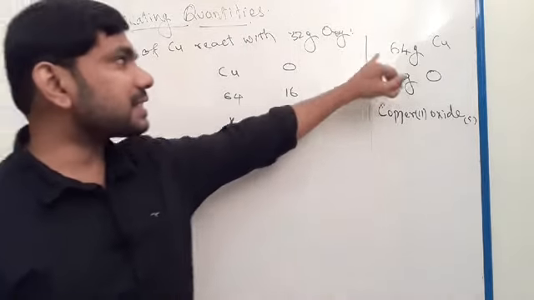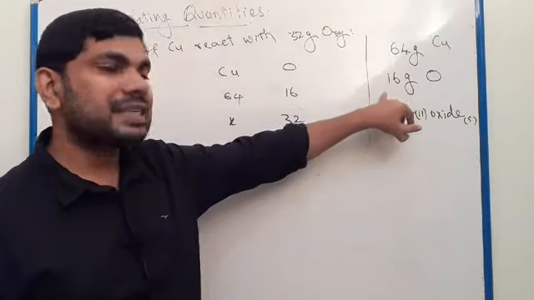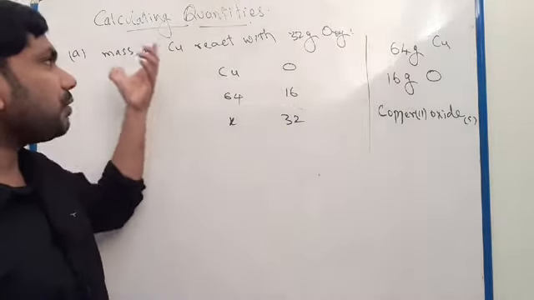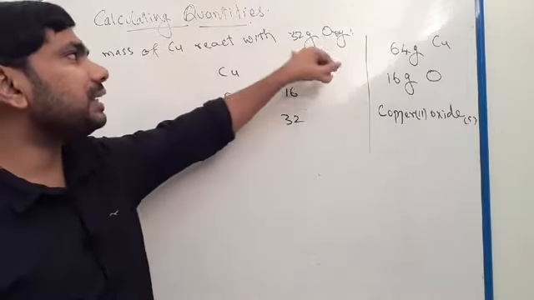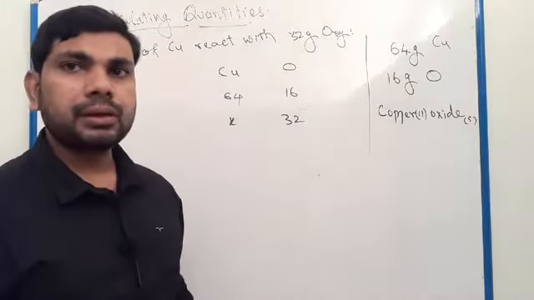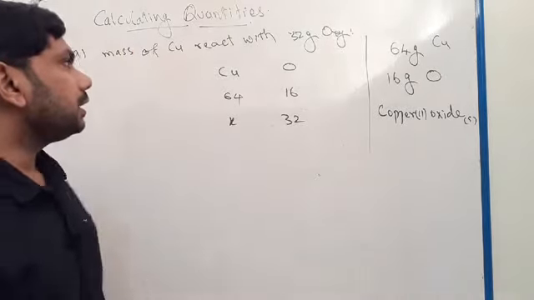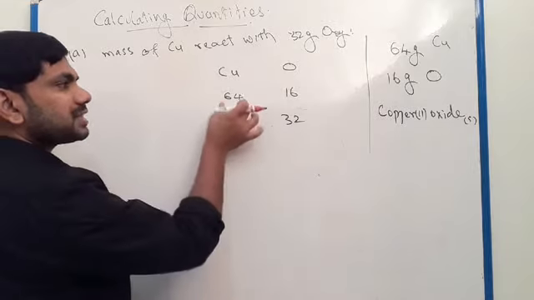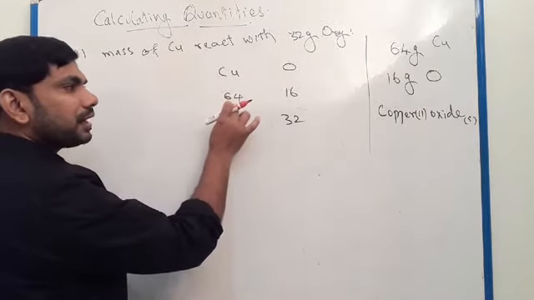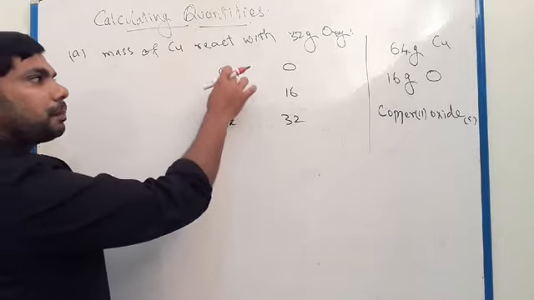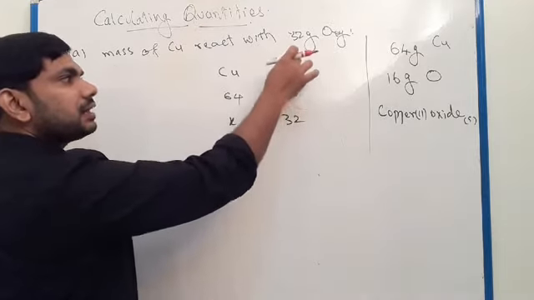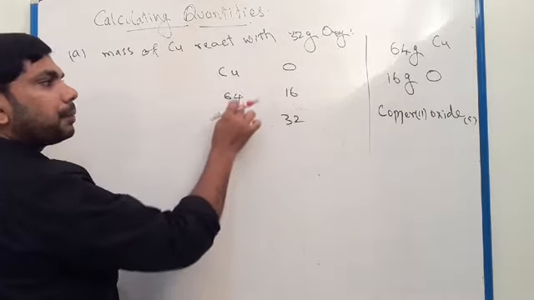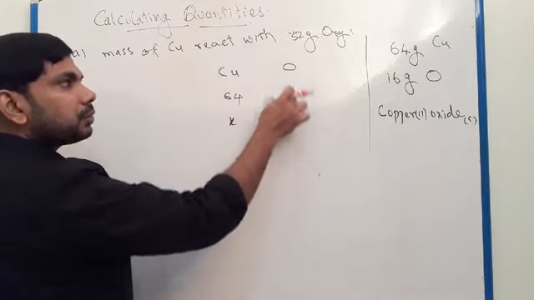The question says 64 gram copper reacts with 16 gram of oxygen. So what is the mass of copper reacting with 32 gram oxygen? Simply, you can calculate this. Here, copper and oxygen. According to this question, 64 gram copper reacts with 16 gram of oxygen. What mass of copper reacts with 32 gram oxygen?